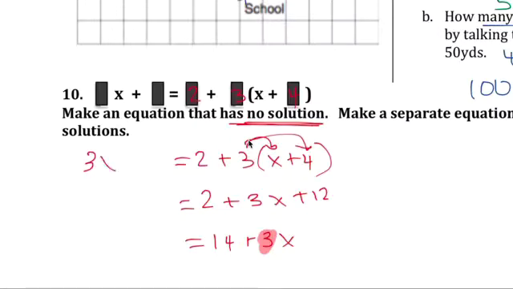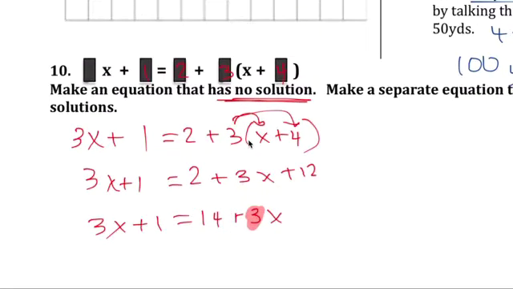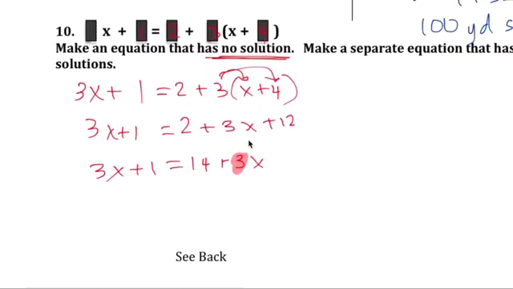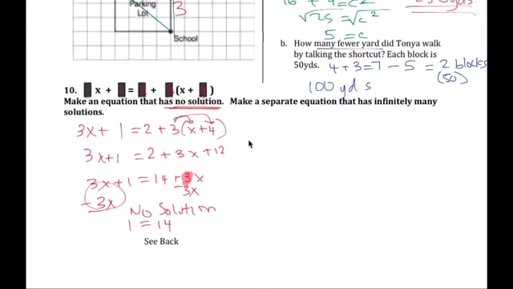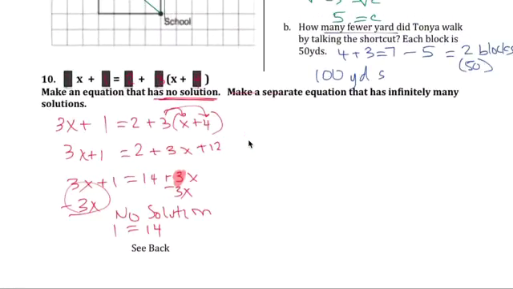So you need to have 3x plus, this has to be different, let's say 1. So 3x plus 1. And then we solve it, this is no solution, minus 3x. Okay, let's just only have no solution. We don't have to do infinite solution. We'll just do one of them.